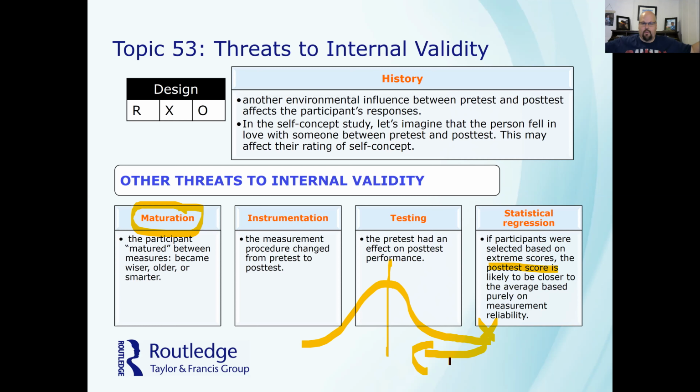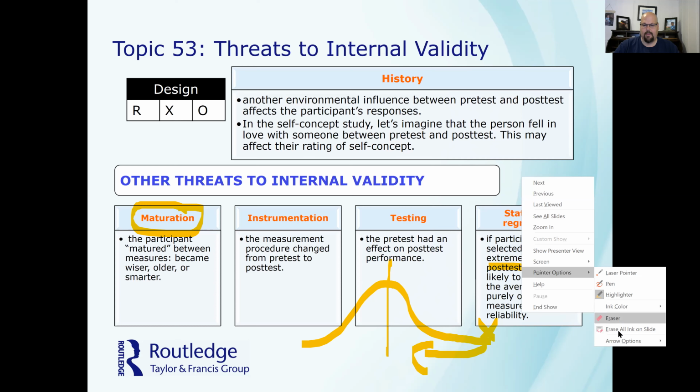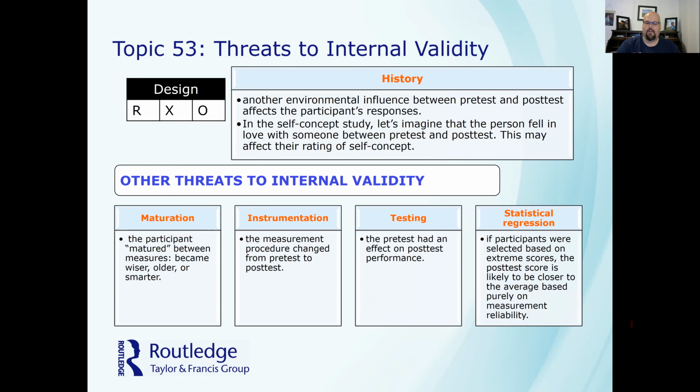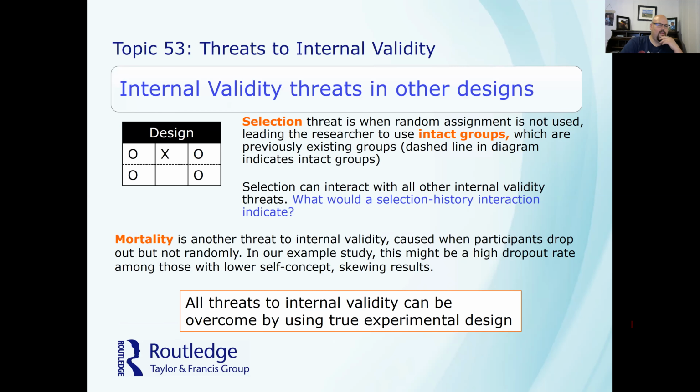They don't get further extreme as you go on with experiments. They tend to move towards that middle mean point. So it's a regression towards the mean, that's statistical regression, which means you may have no effect when there actually is one, or maybe eliminating an effect that could exist.